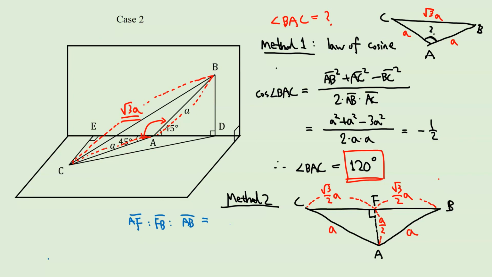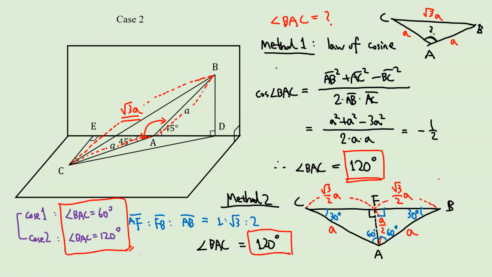So if you look at the ratio of side lengths, you will notice the 1 to square root of 3 to 2 ratio, which means that this triangle here is a 90 degree, 30 degree, 60 degree triangle. So we also have 30 degrees and we also have 60 degrees here, which means that the angle BAC is equal to 120 degrees. So these are all the possible values for the angle BAC.